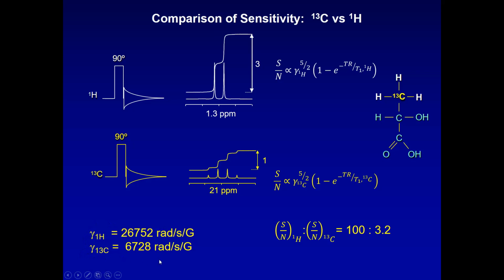They're just different ways of expressing the same number, but the point is that this number is much bigger than that number. So if you factor in all these factors for lactate, you find that the signal to noise for a single scan for proton pulse acquire versus carbon-13 pulse acquire is about 100 to 3.2. So protons could give us a significant sensitivity boost if we could exploit it somehow.